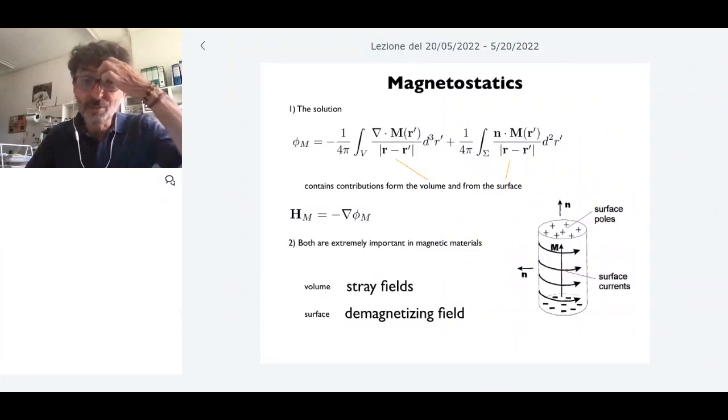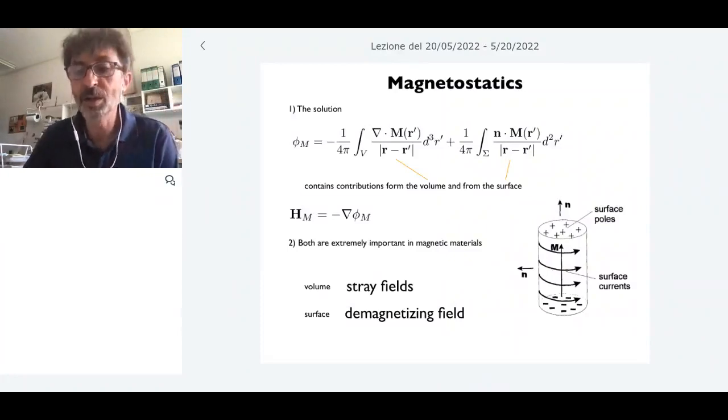But this is very complicated, because even if the magnetization is uniform inside the material, and I eliminate the stray fields, we have no guarantee that the demagnetizing field is uniform. The demagnetizing field will be a solution of this problem. Exactly like the electric field is uniform inside the capacitor only as a limit.